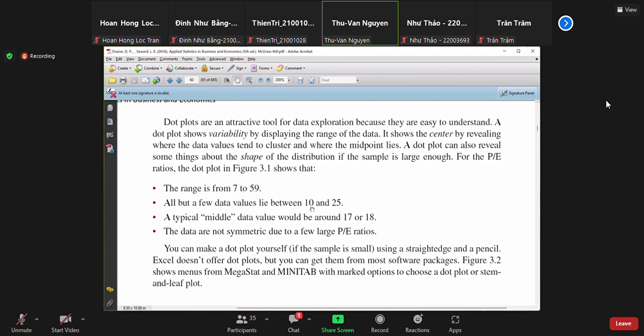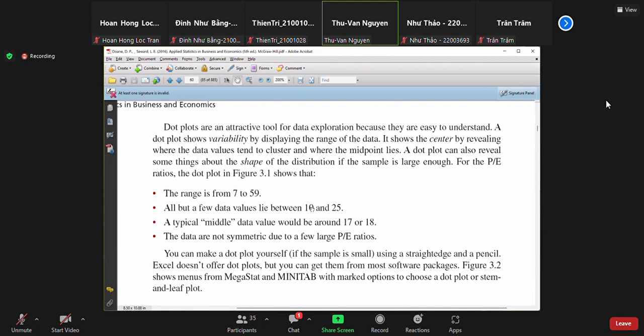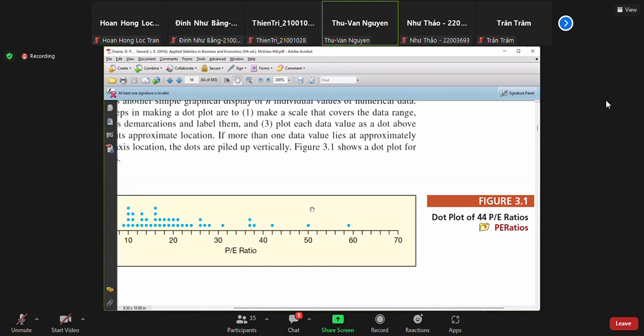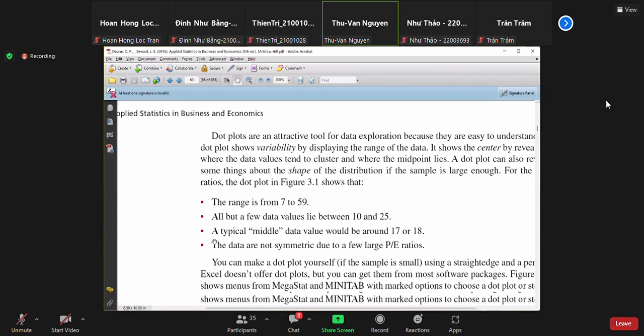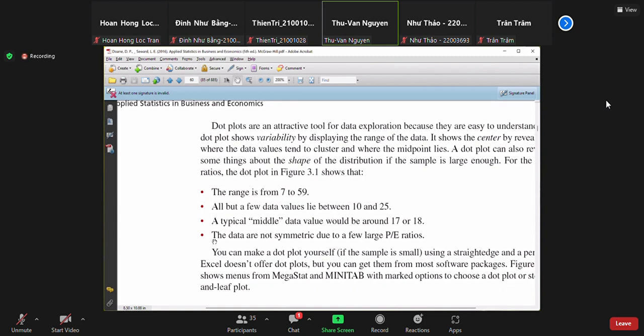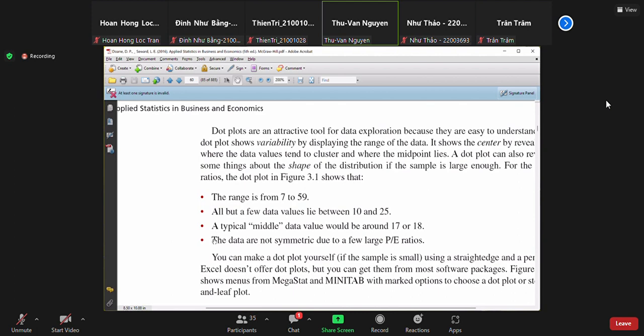Not all, but mostly, data values lie in between 10 and 25. So what is a typical middle data value? 17 or 18, so somewhere here, right? And the data are not symmetric due to a few large P ratio.